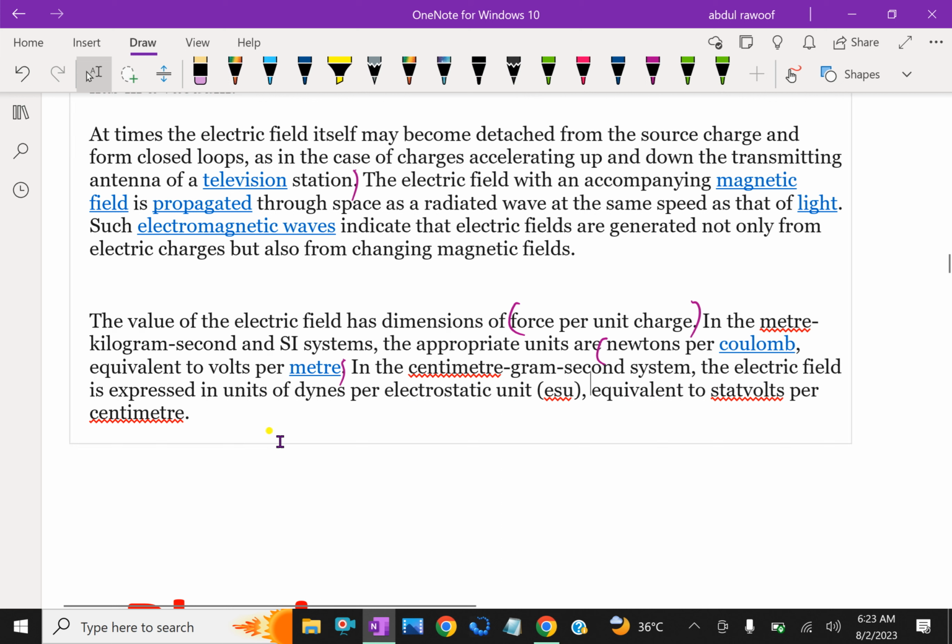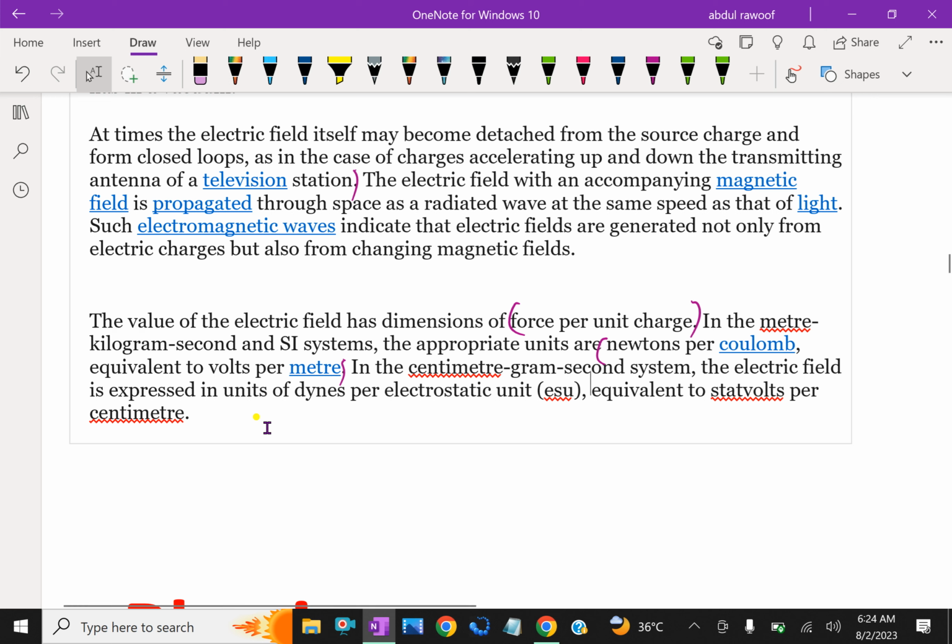Now, further, to electrify a neutral body, we need to add or remove one kind of charge. When we say that a body is charged, we always refer to this excess or deficit of charge.